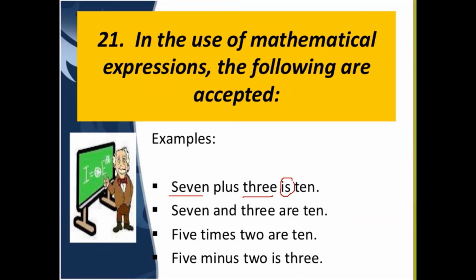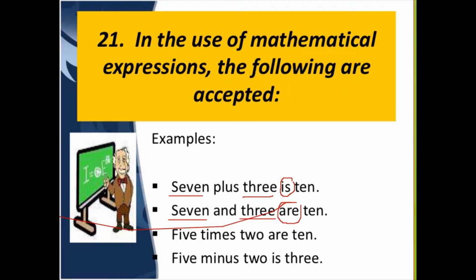But when you are mentioning two numbers like 7 and 3, it must take a plural verb. Remember, there is a difference between adding and mentioning.